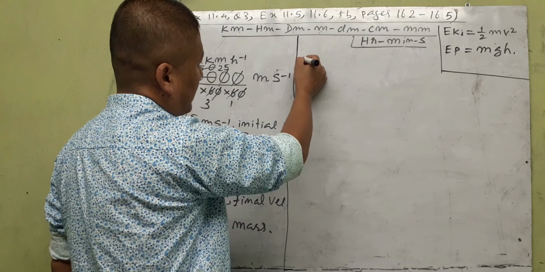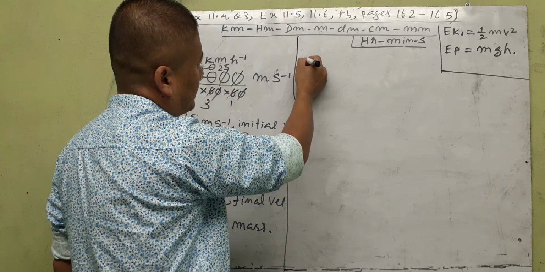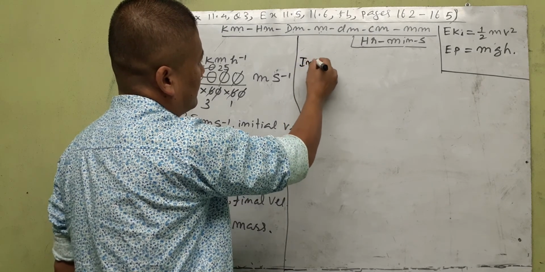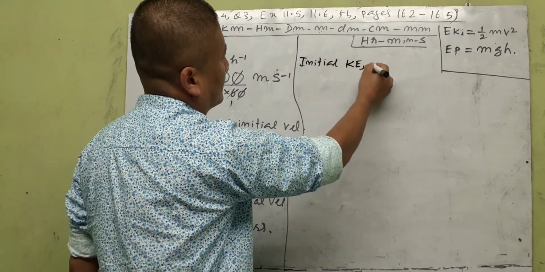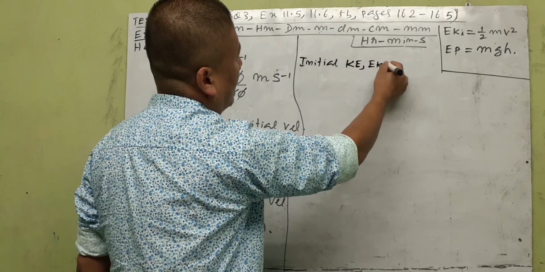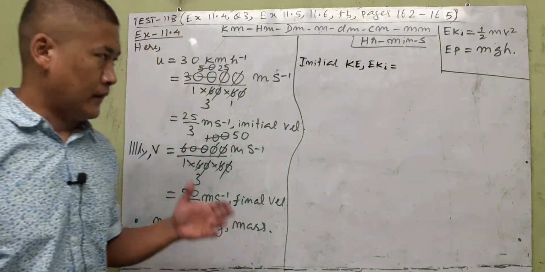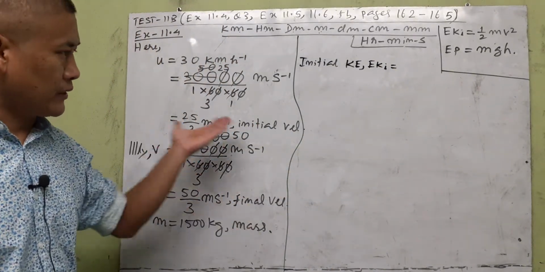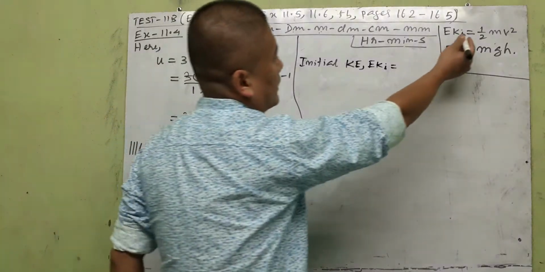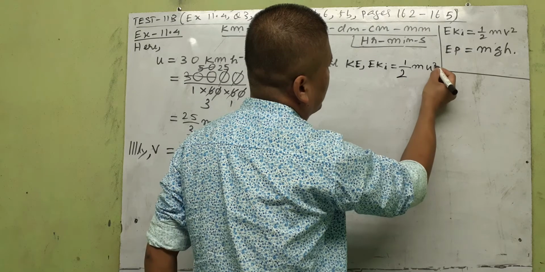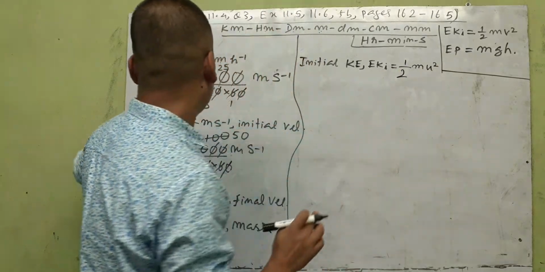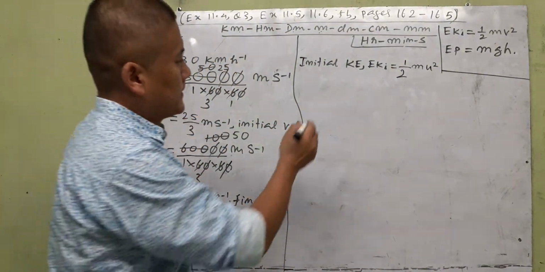So now I'll just write here initial kinetic energy, which is, let us say, EKI. Okay, so initial kinetic energy, because the car is moving, so we have to use the kinetic energy formula. It will be half mu square, because initial means we have to involve the initial velocity. So let's just simply do that.